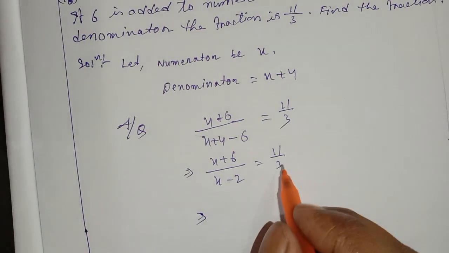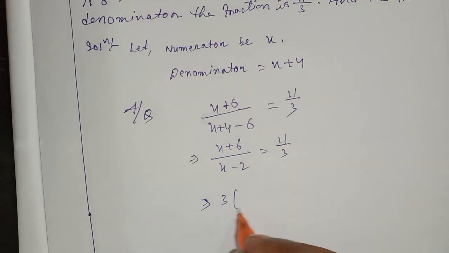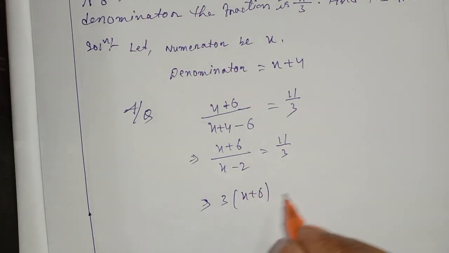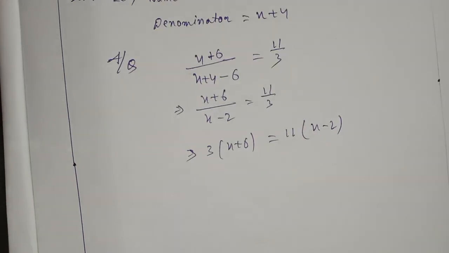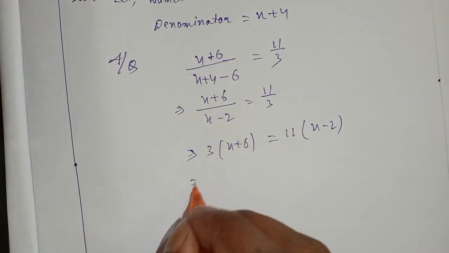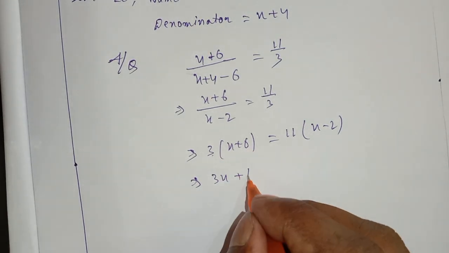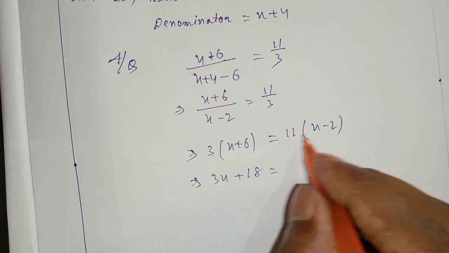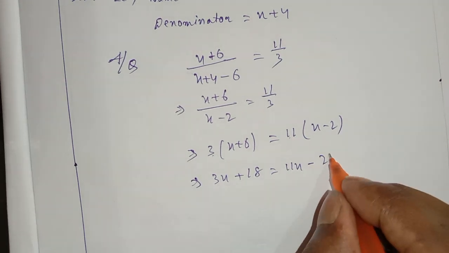Then already you know what you have to do: cross multiply. That means 3 into x plus 6 and 11 into x minus 2. Before, I already explained this. Cross multiply means 3 into x is 3x plus 3 into 6 is 18, equals 11 into x is 11x minus 11 into 2 is 22.